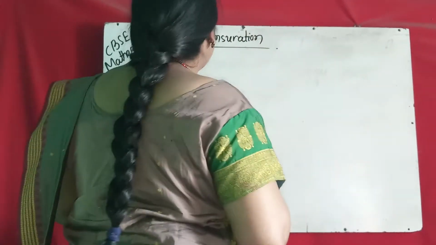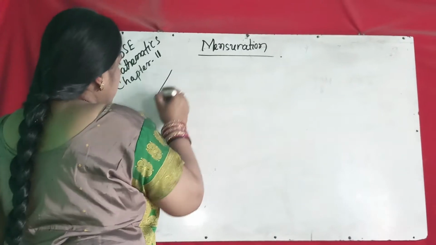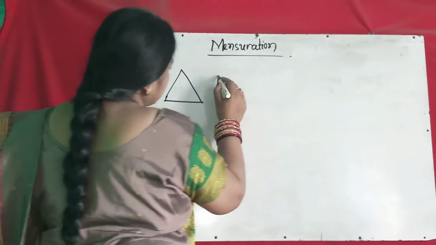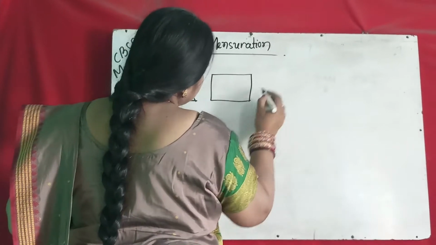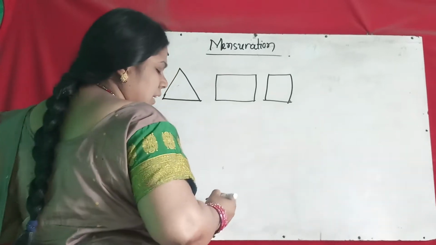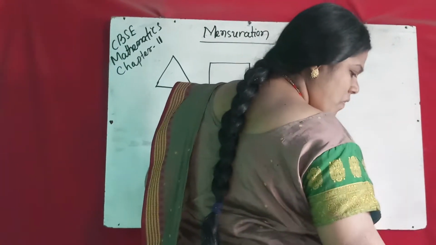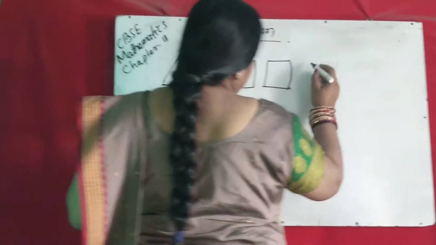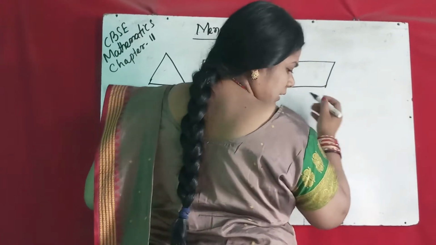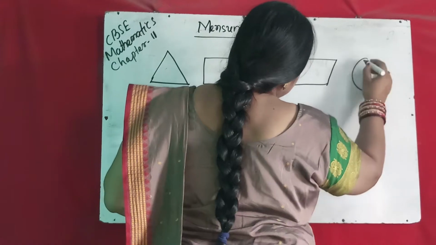Suppose we take first a triangle, then rectangle, then square, then parallelogram, then circle.